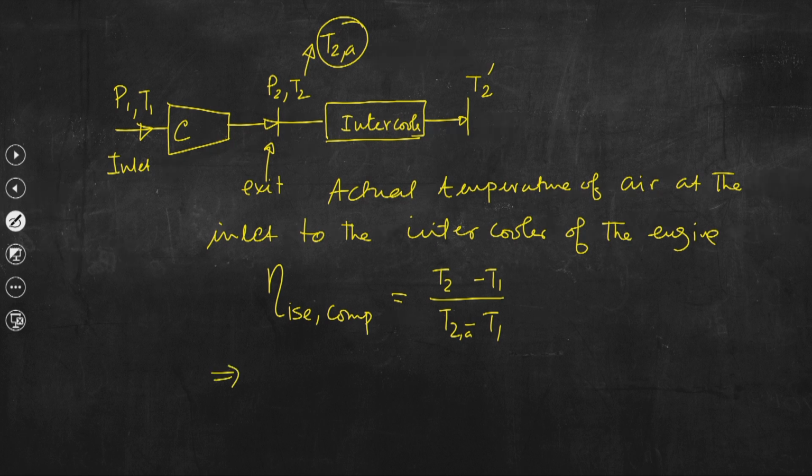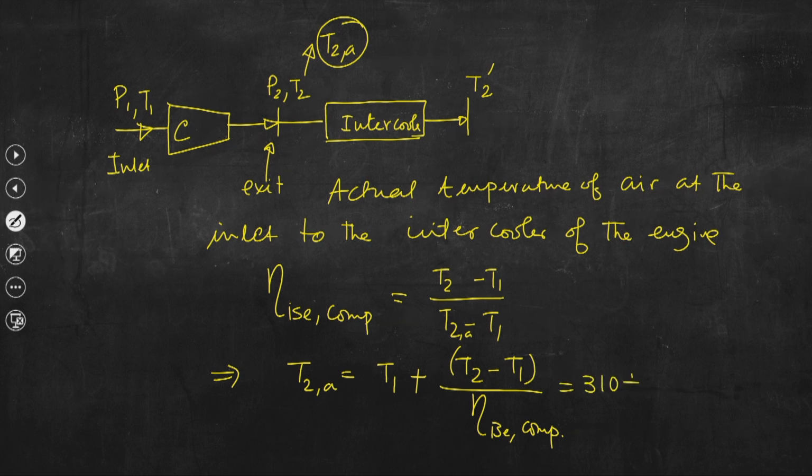From there we can calculate the actual temperature T2A, that equals T1 plus T2 minus T1 divided by eta isentropic compressor, right. So, this is 310 plus 348 that we have calculated at the exit of the compressor, minus 310, divided by the compressor efficiency of 70%, that is what is given.